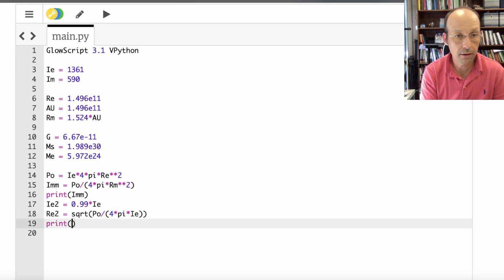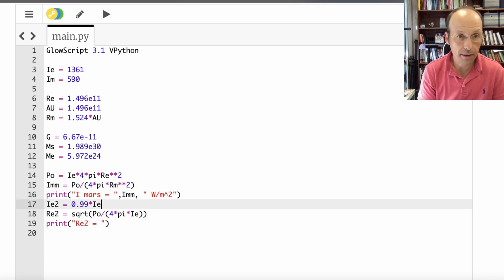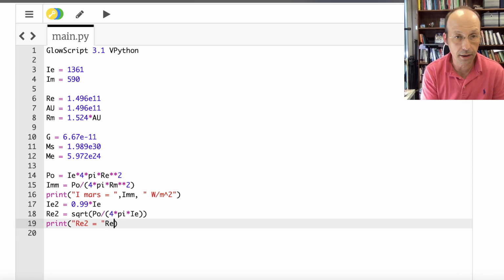And print, let's say RE2 equals, because I've got two things up here. Let's print this. I Mars equals, and let's put it nicely, watts per meter squared. And then down here, I'm going to say RE2 in meters.